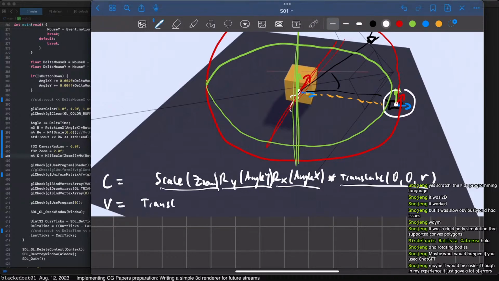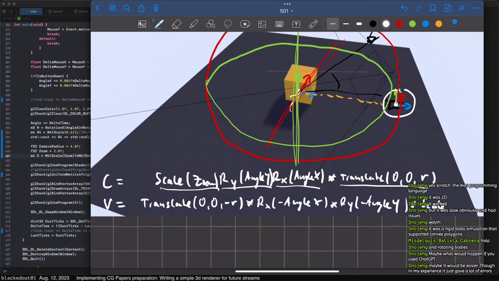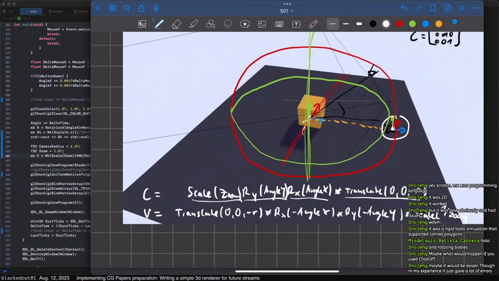Translate 0, 0, minus r, and then rotate x minus angle x, and then rotate y minus angle y, and so on. So scale 1 over zoom. And then we have the view matrix.